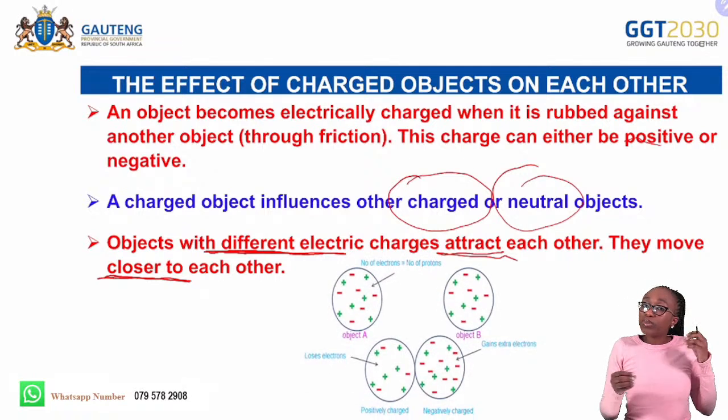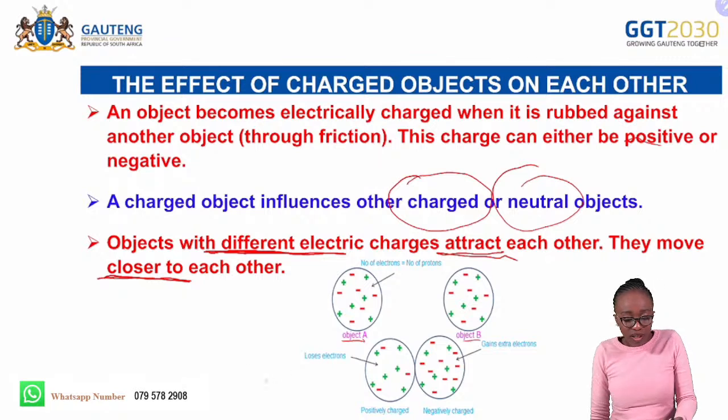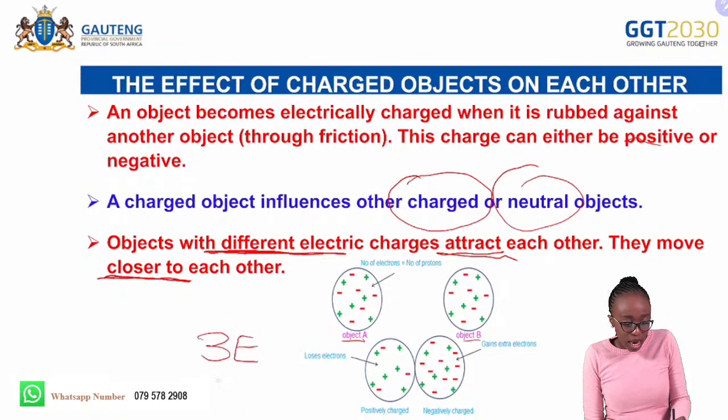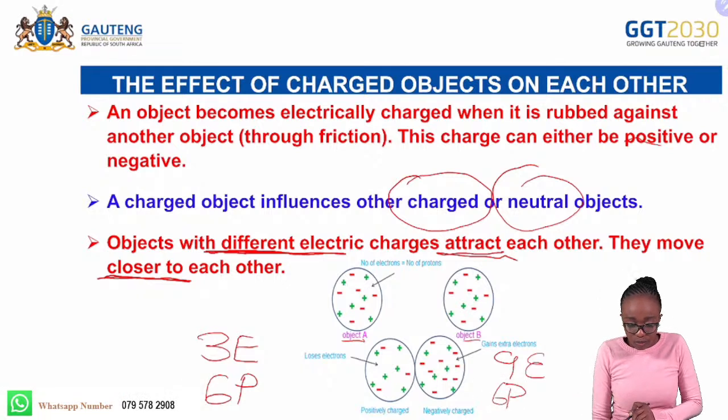Let's go back to that picture that we had before where we had object A and object B. If you remember the resultant after losing electrons, object B ended up with 3 electrons and 6 protons. Object A had 9 electrons and 6 protons.